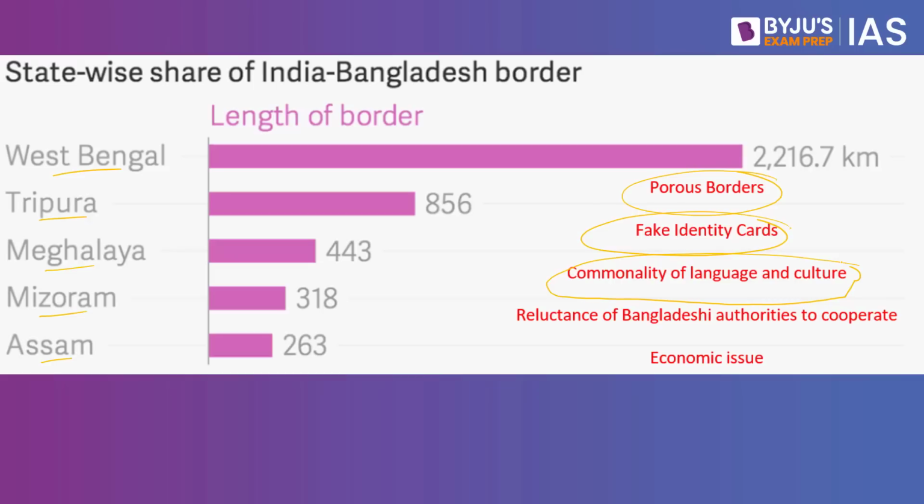Even when Indian authorities have tried to identify these illegal migrants and deport them back to Bangladesh, there has been reluctance from the Bangladeshi authorities to cooperate on this front. And finally, the most important factor happens to be an economic issue, because the economy in Bangladesh is not doing that well. As a result, people want to explore greener pastures. They feel they can come over to India, work in India, and send some money back to Bangladesh, which is why they enter India.